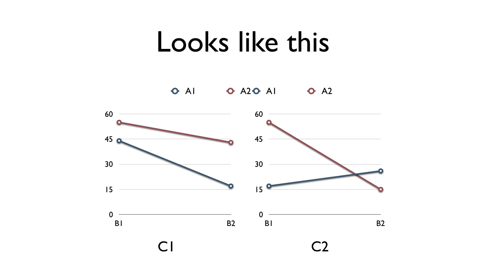A 27-way interaction is the 26-way interactions change depending upon the level of some 27th variable. I've never seen one that big. I have seen four-way interactions. So now you're going to have D1 and D2, so you have this panel and another one, and now the three-way interactions change depending upon the level of the fourth variable.